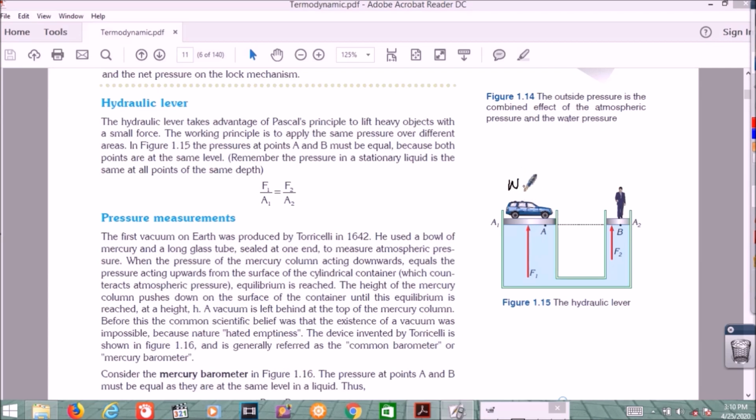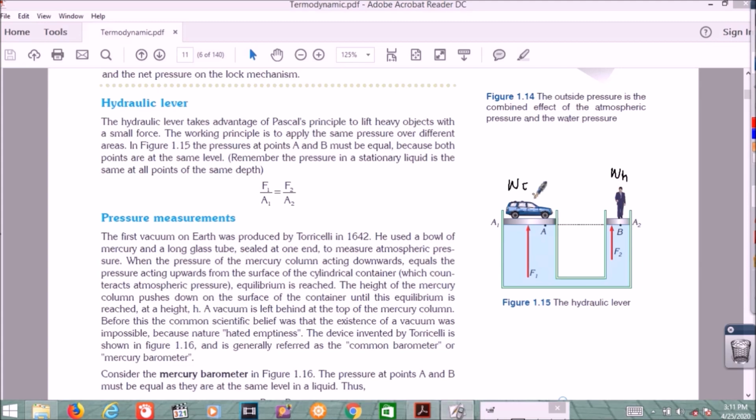We have WC for the weight of the car, and we are trying to lift this car using only the weight of a human. How could we lift the car, a heavy object, when we only use the weight of a human? We can use the principle of Pascal.